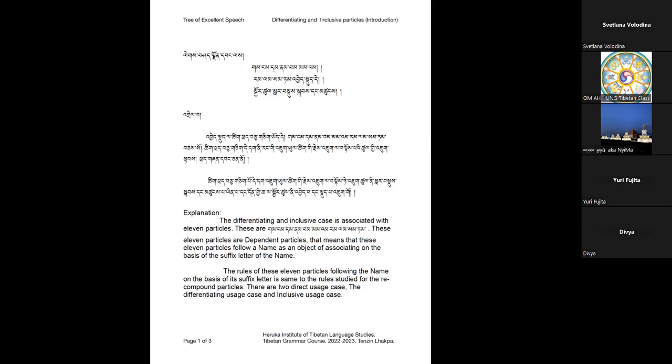It is not directly stated, but it comes inferentially from the third line. There is no direct statement that this particular particle is a dependent particle, but it is inferentially understood because of the third line. So now we come to the third line. Okay, so let us go to the third line.